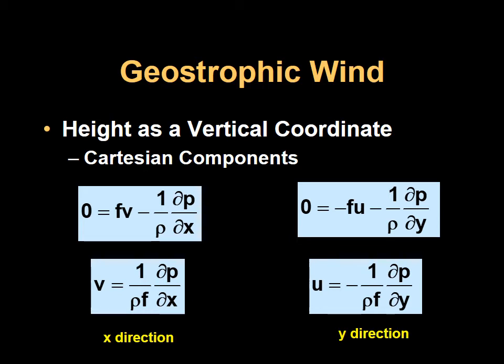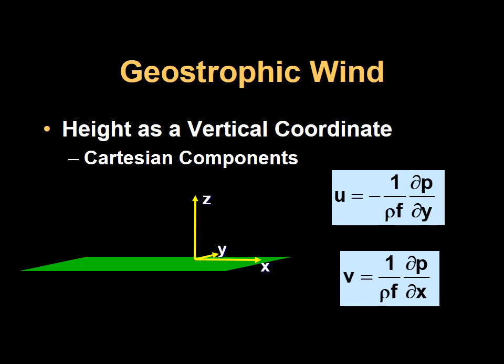And on the other side of the equation, you've got Coriolis and also pressure gradient force. So we can solve these equations for the wind components, which would be the v and also the u components. So we can figure out the wind in the east-west direction and also in the north-south direction, given Coriolis parameter, air density, and also the pressure gradient in the x and y directions.